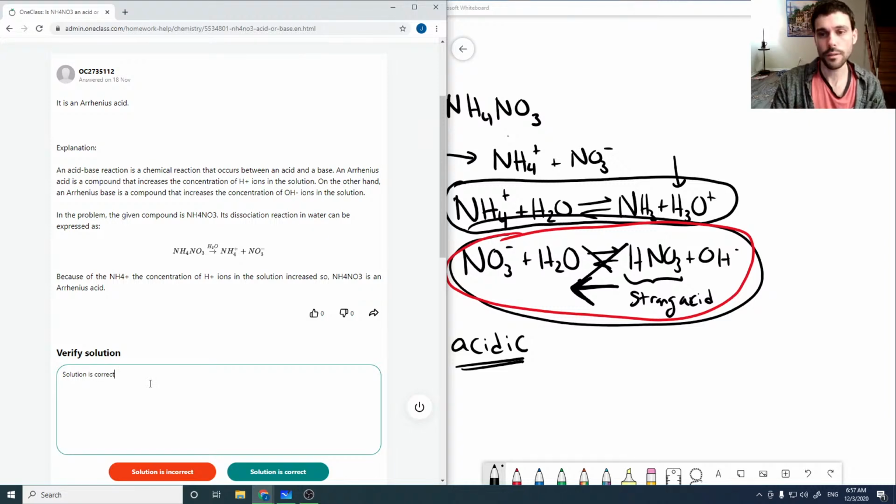So they pointed out that there was H plus transfer potential from NH4 plus, but also that NO3 minus is the conjugate base of a strong acid.